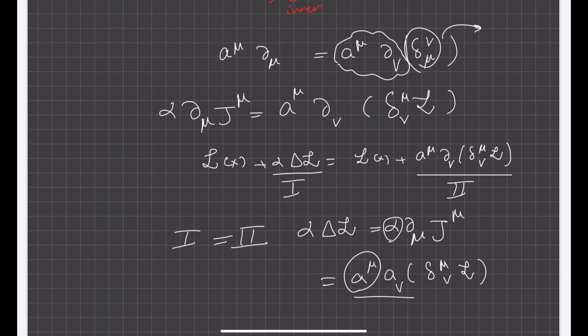And the good thing is that this is the derivative. So this term is derivative. So this is a mu. Let's say a mu and then the nu derivative and then the delta component.